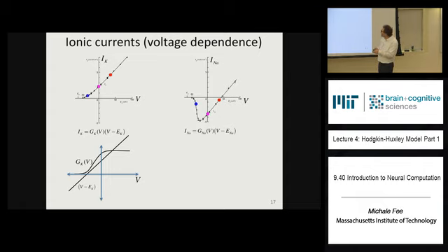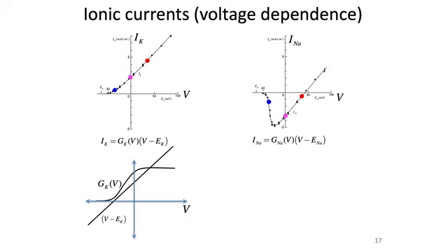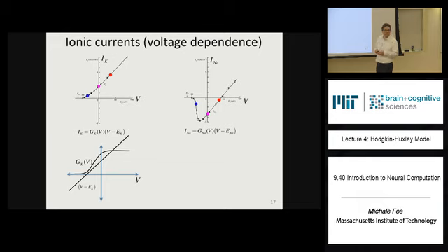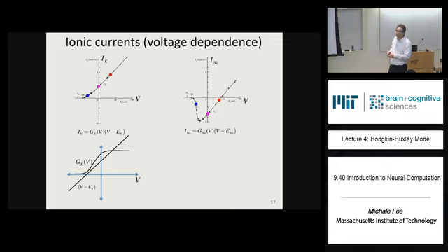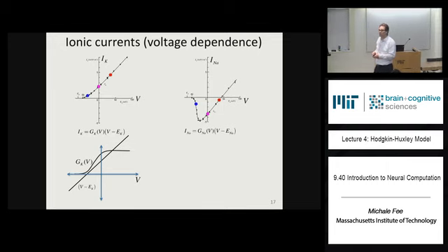And the conductance here is constant because the driving potential is linear and the current is linear, so this needs to be constant. So the conductance is very simple. It turns off at negative voltages and turns on and then stays on at higher voltages.